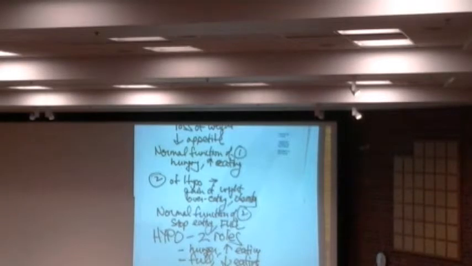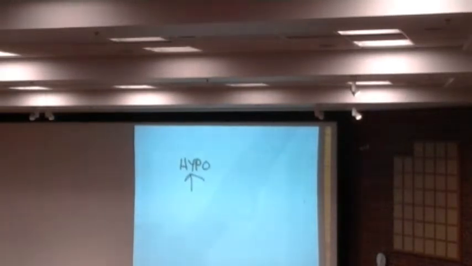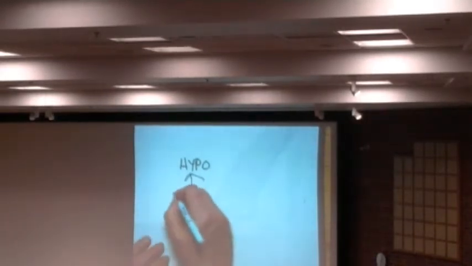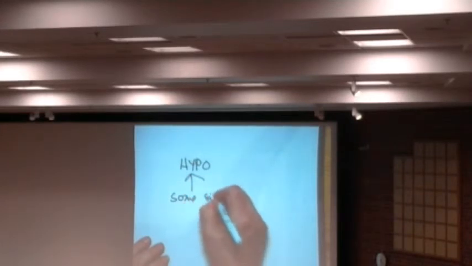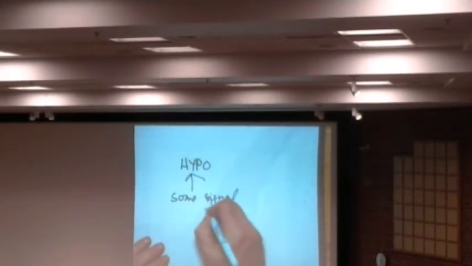Now, this tells us that the brain, or particularly the hypothalamus, must be receiving some signal, some information from the body, providing information about body weight, energy balance, how much you should eat, how much you shouldn't eat.